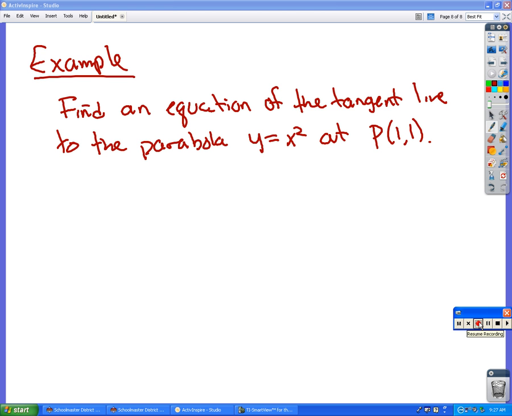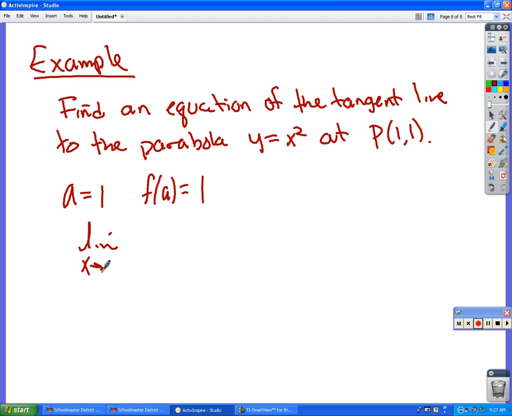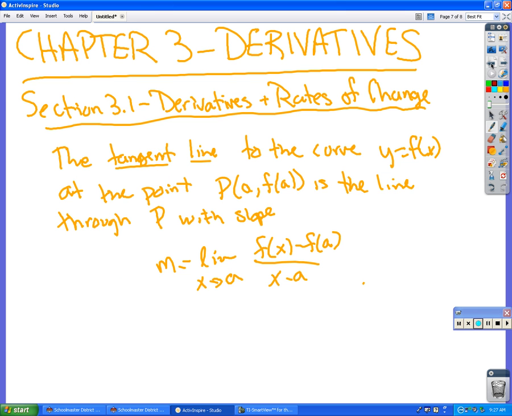So in this case, what is a? 1. What is f of a? Also 1. And so we're going to take the limit as x approaches 1 of, going back to this definition, f of x.